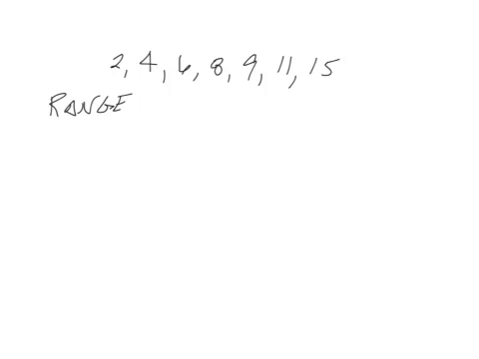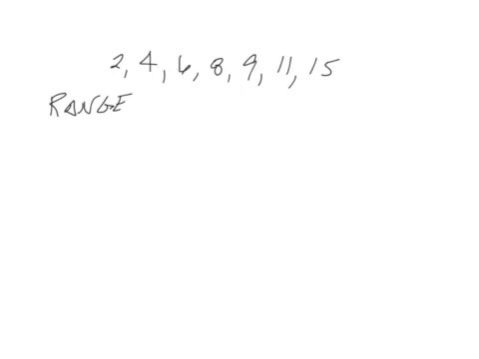If we have a set of numbers like 2, 4, 6, 8, 9, 11, 15, and I ask you what the range is, the range is looking at the smallest number to the biggest number.